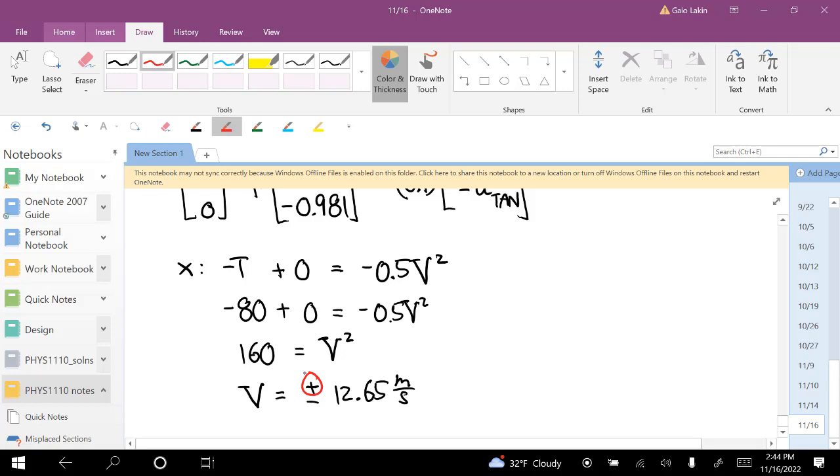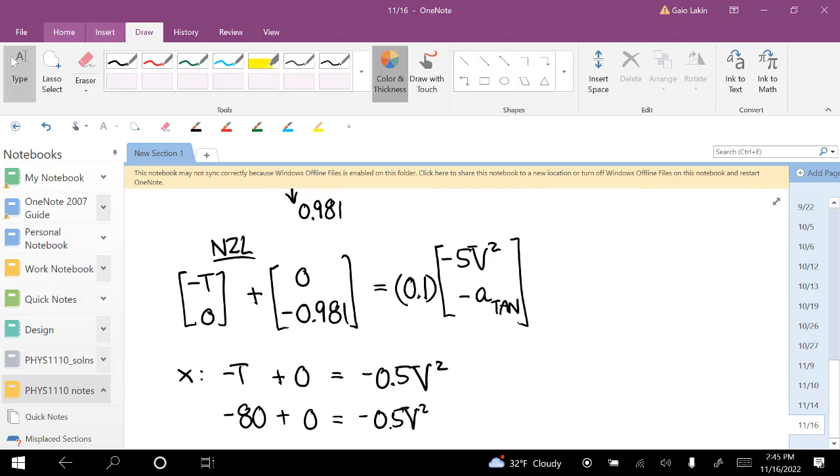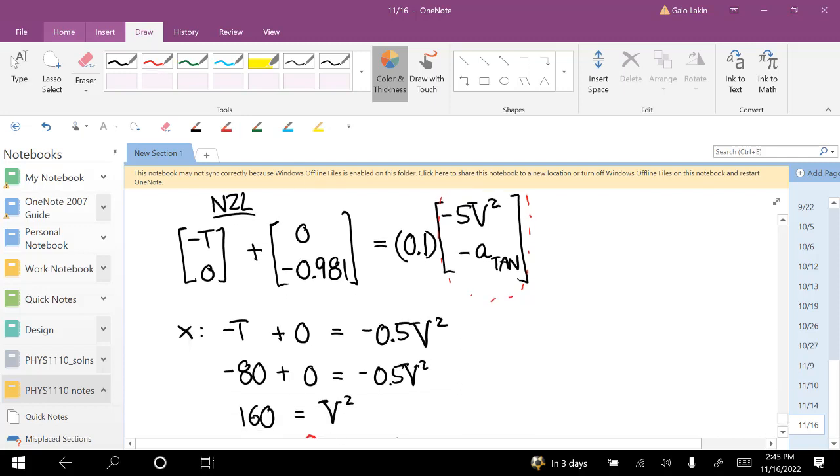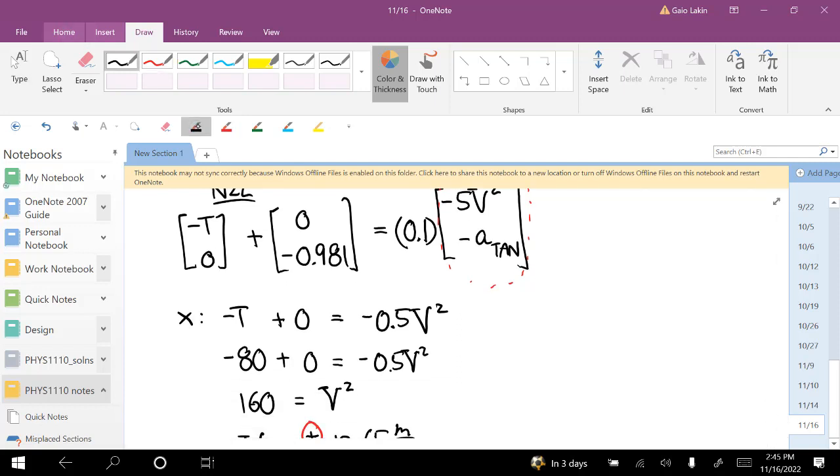And the last thing we want to do is calculate the acceleration vector. This is how close we are to knowing the acceleration vector, right? This is the acceleration vector. We just didn't know v, or this variable a tangential. Now we know v, we just calculated it. So the last thing we have to do is get that variable a tangential. So I'm going to use the y equation.